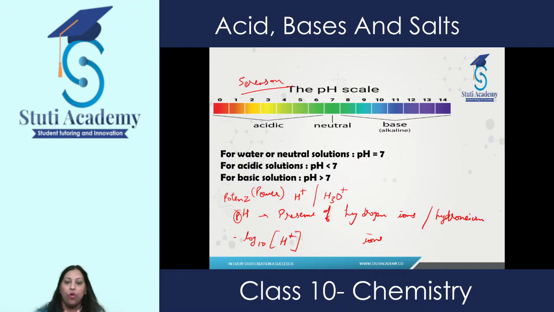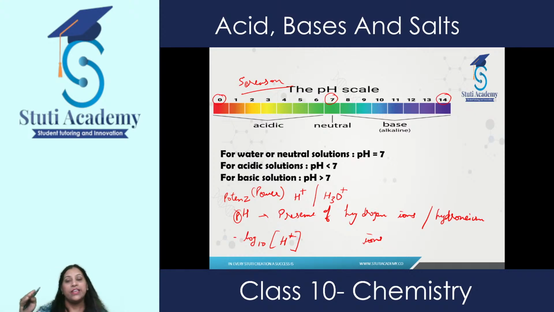So if more hydrogen ions are there, then less pH is shown on the pH scale. So it means if less pH, it is very acidic. If more pH, it is basic in nature. And if it comes at the scale of 7, it is neutral. And the marking on the pH scale is from 0 to 14.